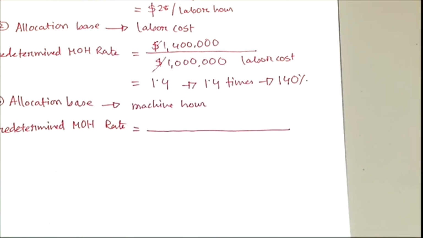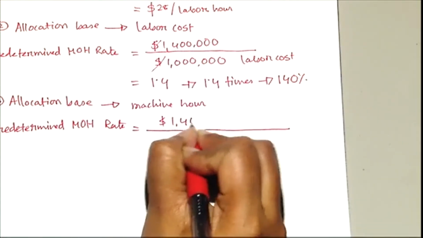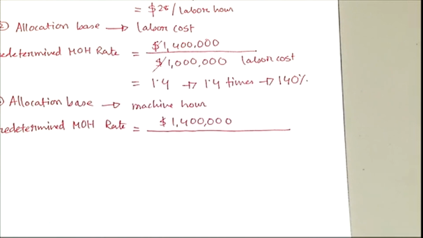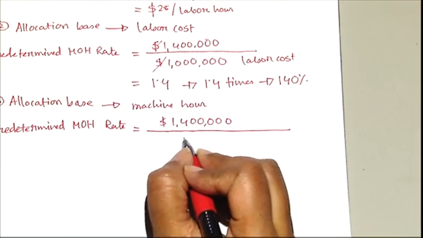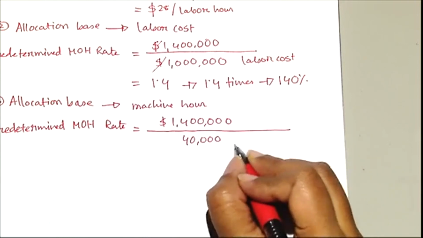Everyone should know it. 1.4 million, very quickly. And now this time, your allocation base is what? 40,000, which is your machine hour. If you read the sentence, they say their machines are expected to be run for 40,000 hours. So your expected machine hour, 40,000.